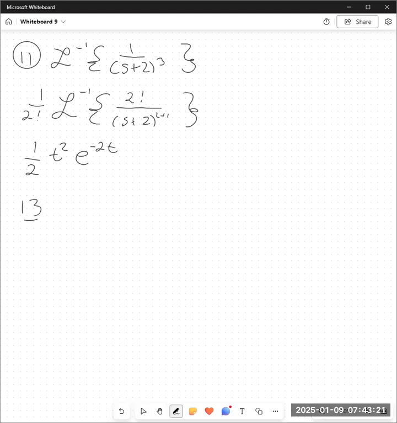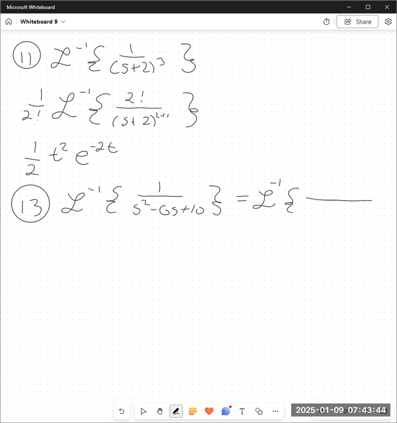Number 13. This is inverse Laplace transform of 1 over s squared minus 6s plus 10. So I'm going to make that inverse Laplace transform of s minus 3 squared.